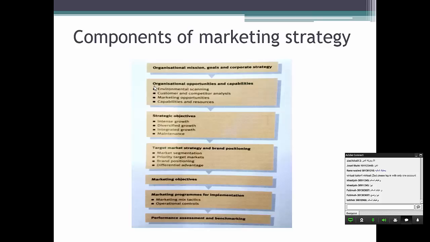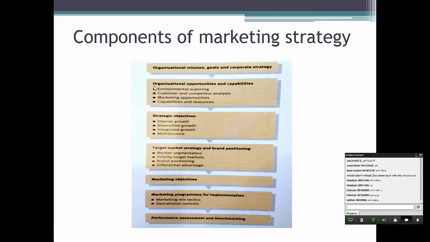For example, if it's better for you to have financing or funds from banks, or you can find partners, or sometimes you decide to leave the business if you find that the business is not doing very well. Most of the time, the companies that have a lot of resources try to use these resources in growth.